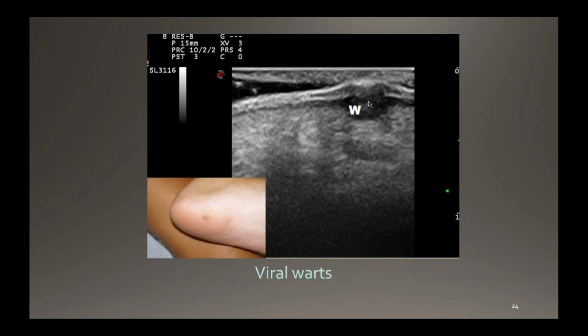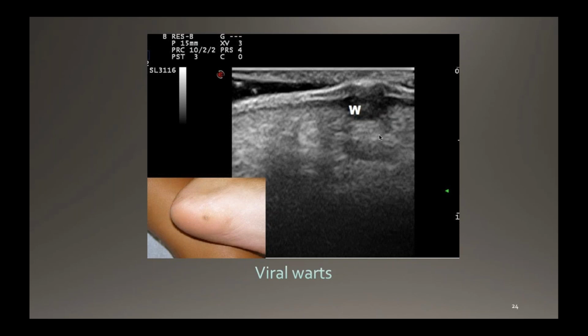This is a nice example of viral wart that is something that is very commonly being treated by us dermatologists or podiatrists. You can also offer this service to your podiatrist because you can assess the extent of inflammation.